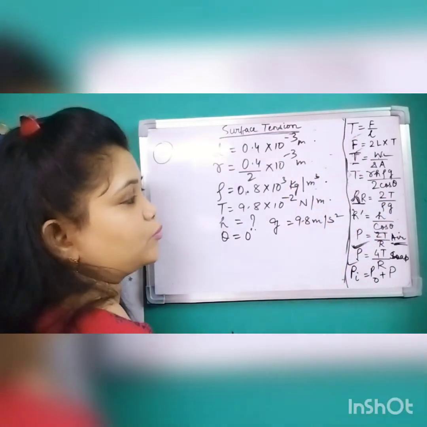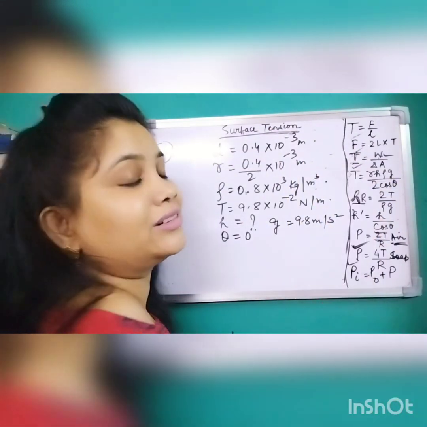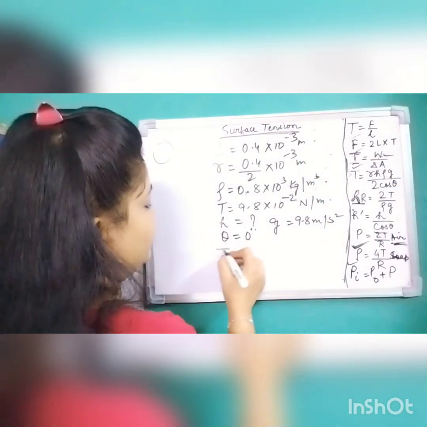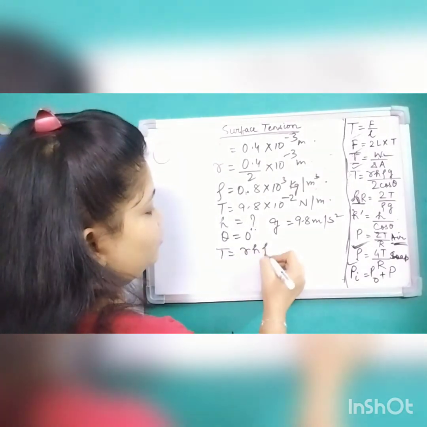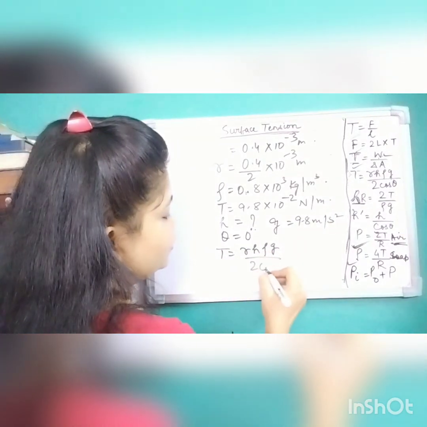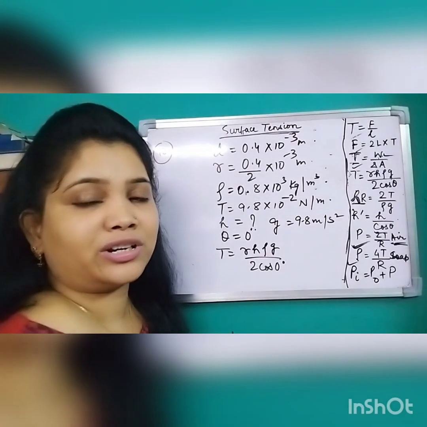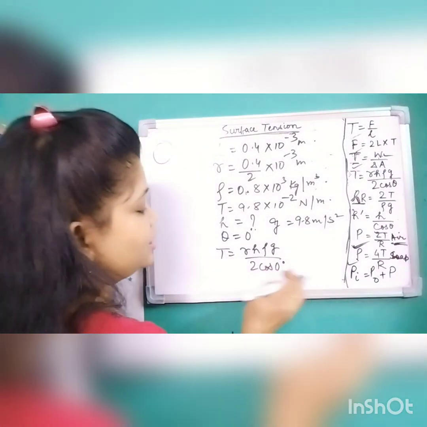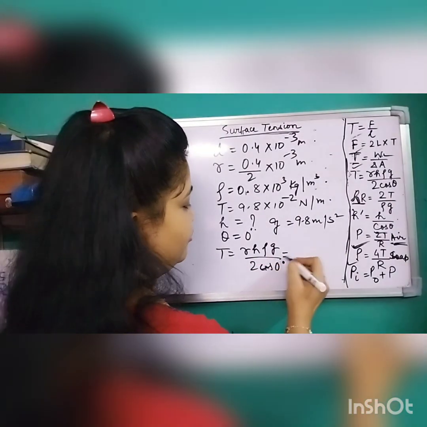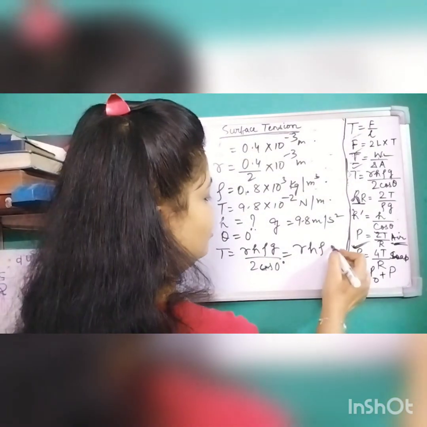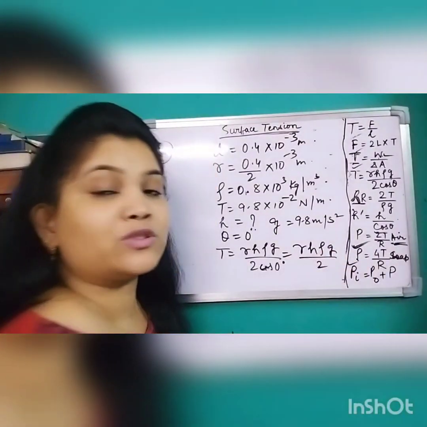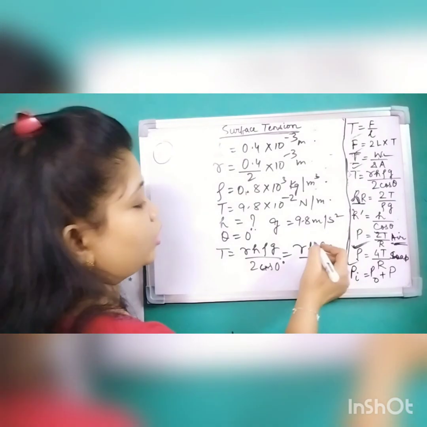So what is the formula of capillaries? T is equal to R H rho g by 2 cos 0 degree. Now cos 0 degree is 1, you know, so our formula becomes R H rho g by 2. What do you find out?